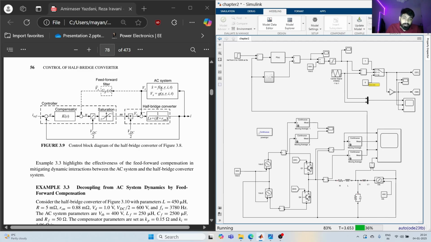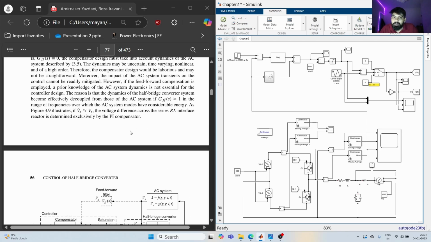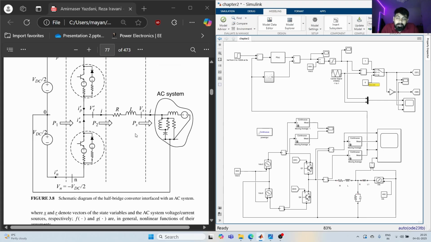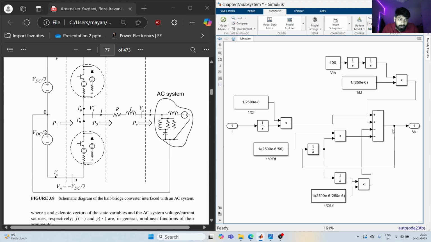Also in this AC system, we will have some initial values to give at the Vs, because what I think is here we haven't initialized our solution. So what I mean by that is that we'll have some initial conditions. We haven't given any initial conditions here as of now.